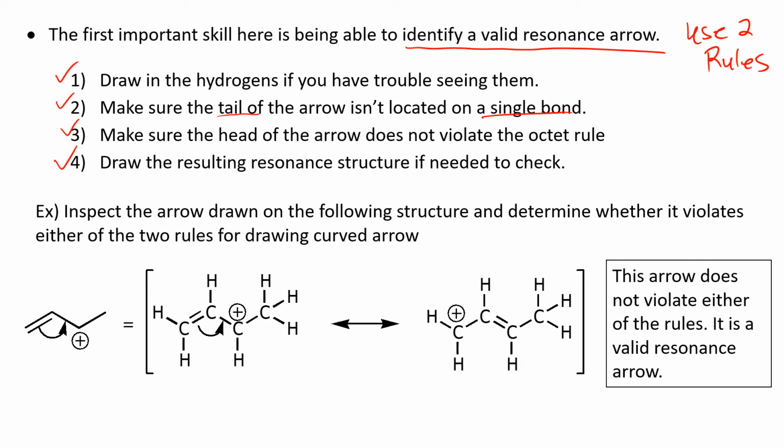So, for example, we want to inspect the arrow drawn on the following structure and determine whether it violates either of the 2 rules. Here's the molecule, and there's the arrow of interest.